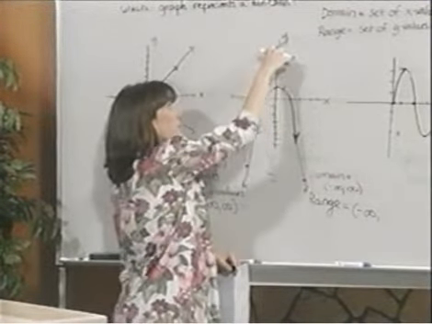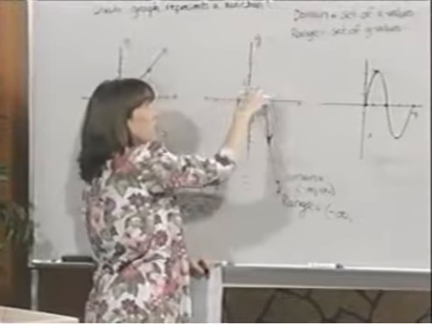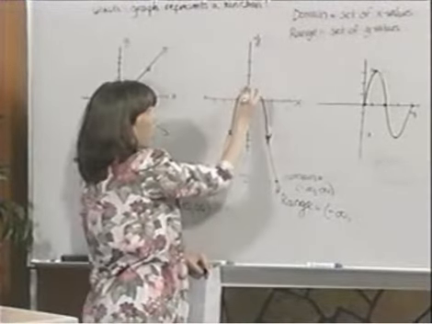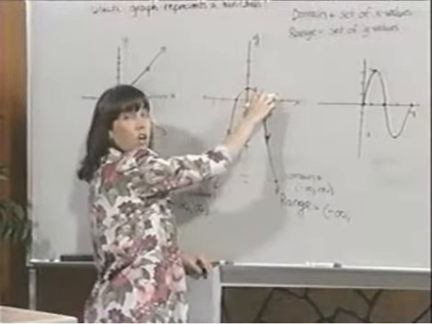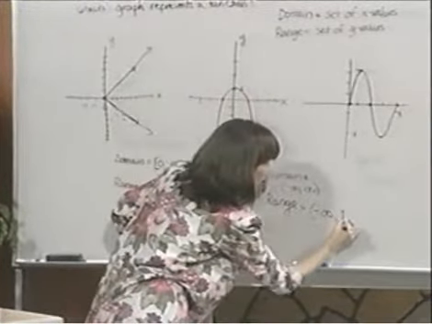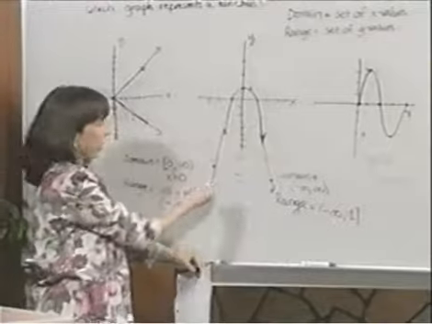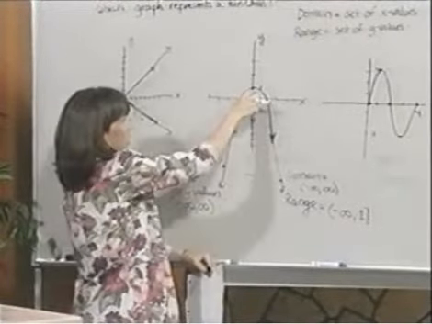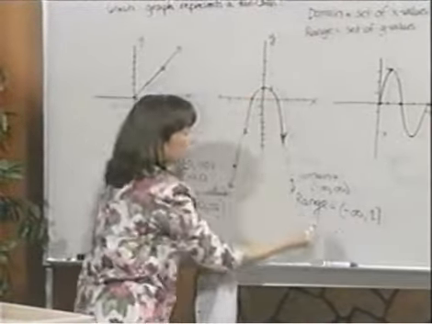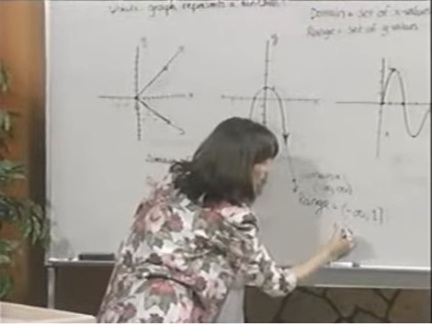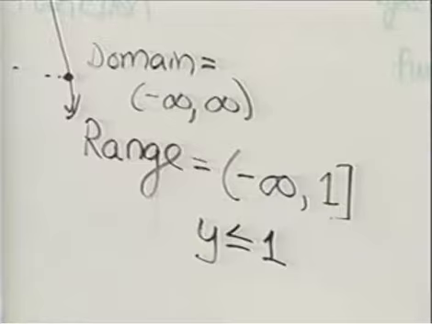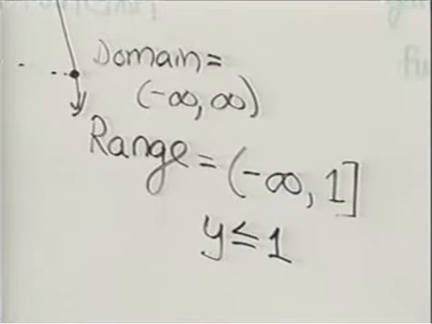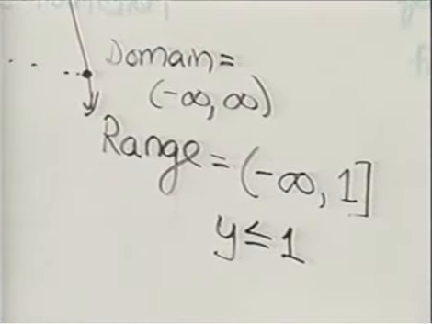Can we go anywhere above it on the y-axis and find a partner on the graph? No. The highest that this graph goes on the y-axis is 1. So we stop at 1. And so our range would be everything less than, all the way up to 1. And you could write that y is less than or equal to 1. You could also write it that way.